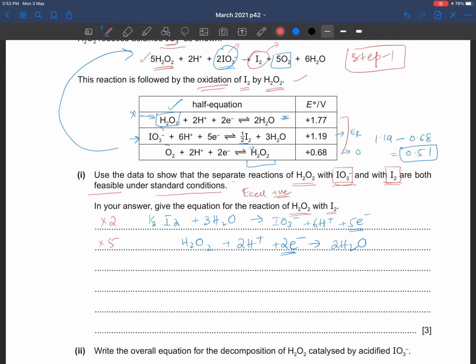So this becomes 1, this becomes 6, this becomes 2, and this becomes 12 and 10, right? So this is 12 and 10, and this would be multiplied by 5.